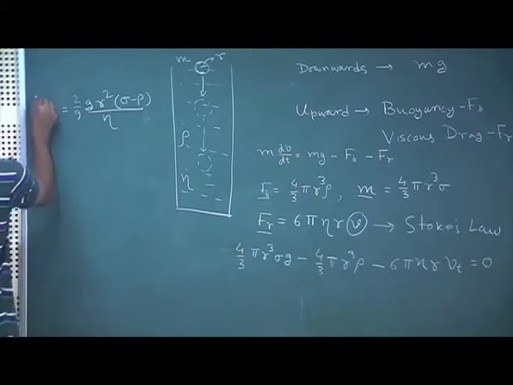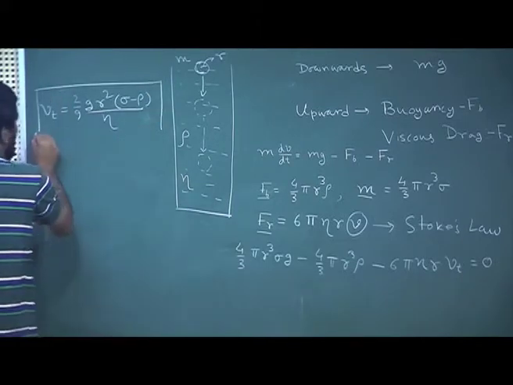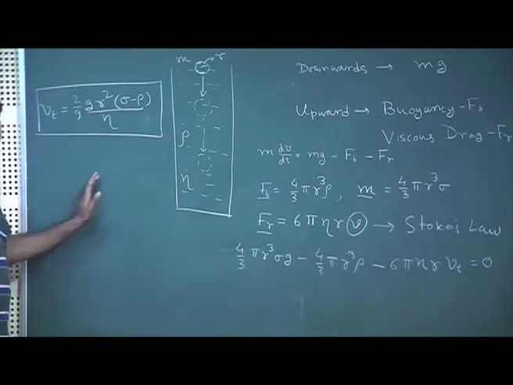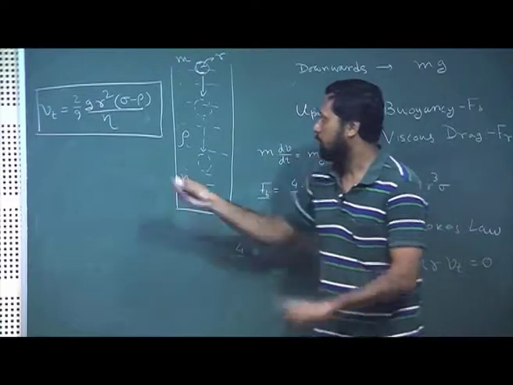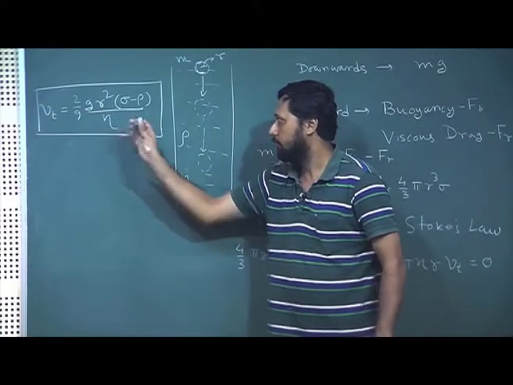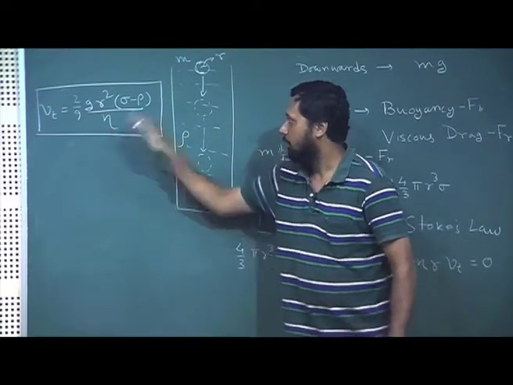Okay. So, we have an expression for the terminal velocity here, but that is not it. Essentially what we are planning to do is we are trying to estimate eta from this experiment.